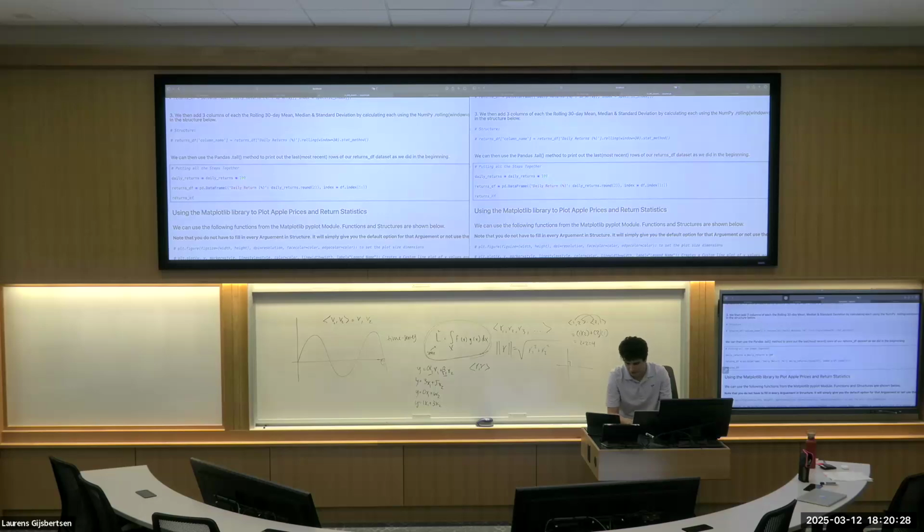So basically we do returns via 30-day mean percentage equals returns df daily return.